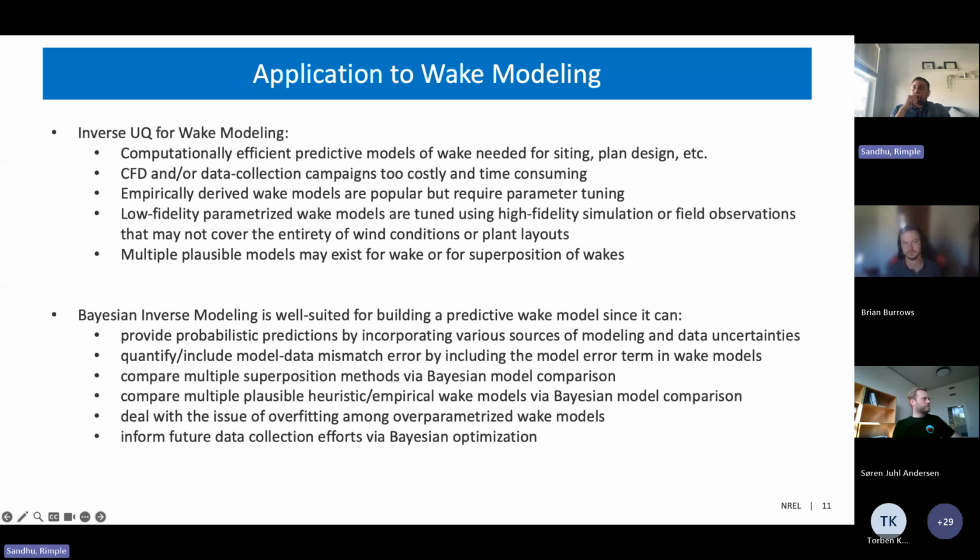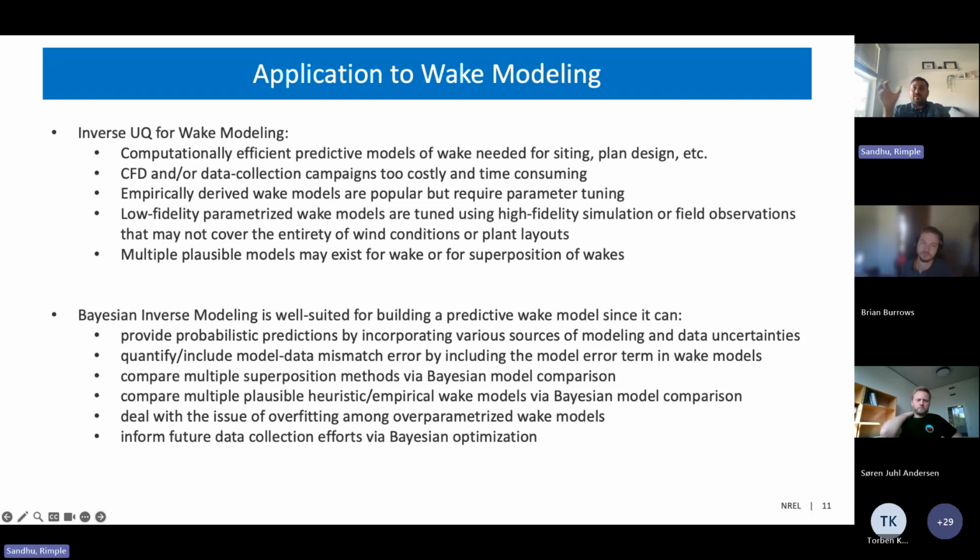The problem is that we're not able to capture the entirety of the wind conditions or layouts. So there's limited training data available to train these wake models. And obviously there could be multiple models that may exist. For example, for the superposition of wakes, there's a bunch of approaches that you could use.